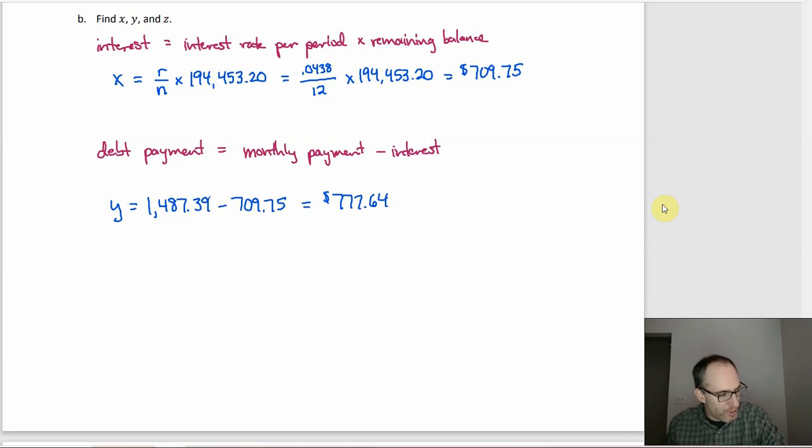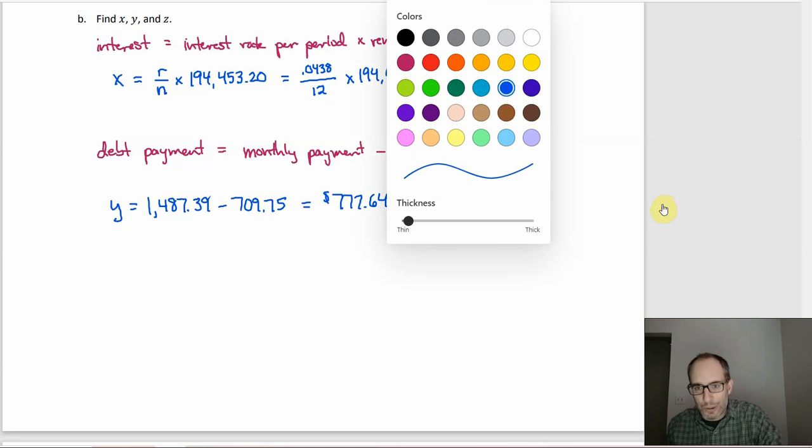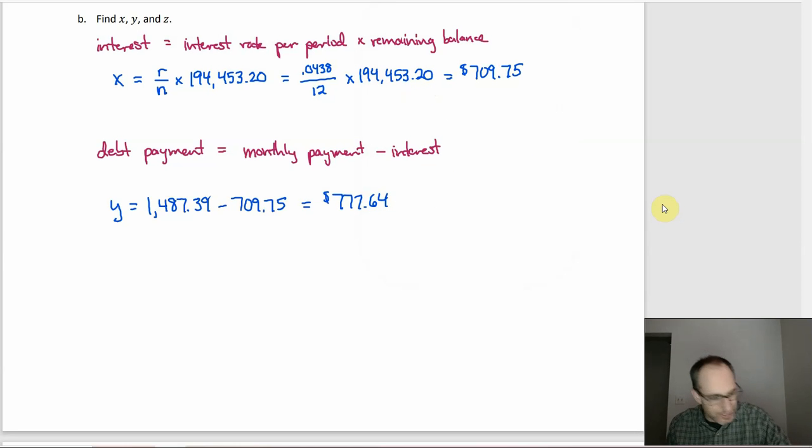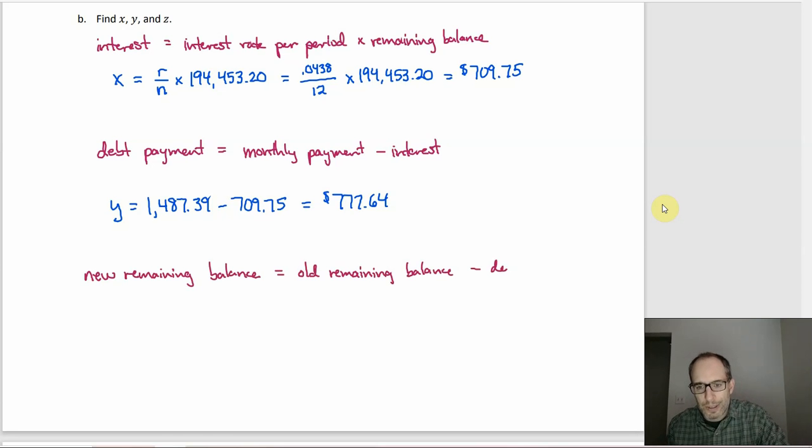Okay. Then the last thing is the new remaining balance, which is Z. So the new remaining balance is equal to the old remaining balance minus the debt payment.